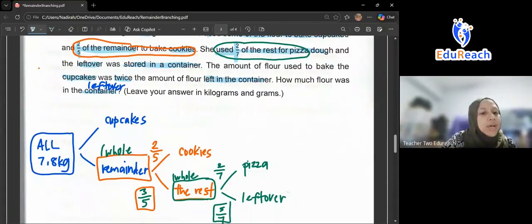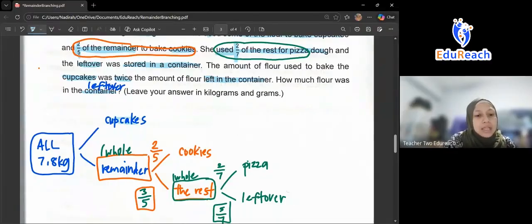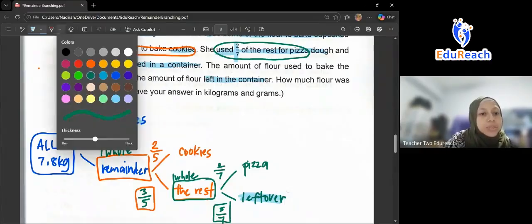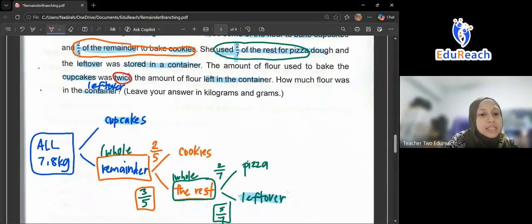Now, the question mentioned about cupcakes, twice the amount of flour left in the container. So this is the leftover in the container. Always remember the word twice is for the first thing, which is the cupcakes.